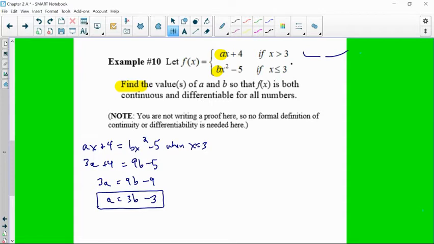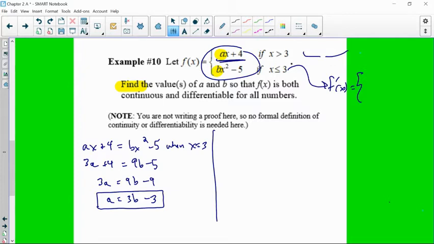So that doesn't guarantee it's going to be differentiable. Even if I choose a set of a, b that makes this true, it doesn't guarantee that it's going to be differentiable. So what we have to then do is look at the piecewise derivatives. So f prime of x is equal to, and think about this derivative, if this is linear, we know 4 is constant, so it goes away.